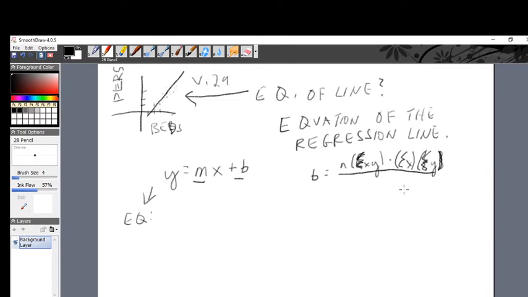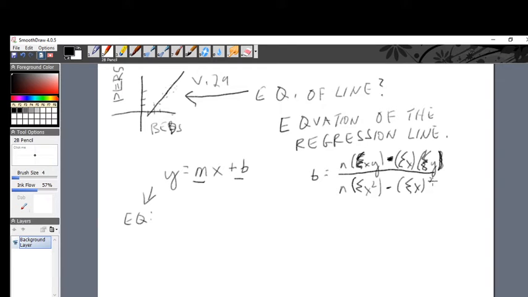Remember, slope has a numerator and denominator: y2 minus y1 over x2 minus x1, etc. That's what's happening here. So then beneath that is the n, which will be 10 again, if you remember, times the sum of all the x squares, minus, that's a minus, not an equal, a minus, the sum of all of the x's, squared.